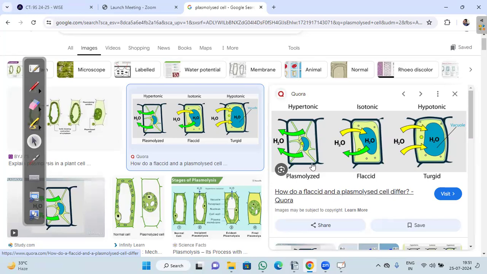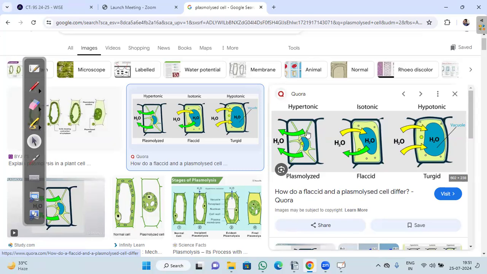Got it? So this one is a plasmolyzed cell. It is because of the movement of water from inside the cell to the outside, and this happens in the hypertonic solution. So see, the same thing we had done about the hypertonic solution. Sir, is only the vacuole getting smaller or bigger? See, even the vacuole becomes small.